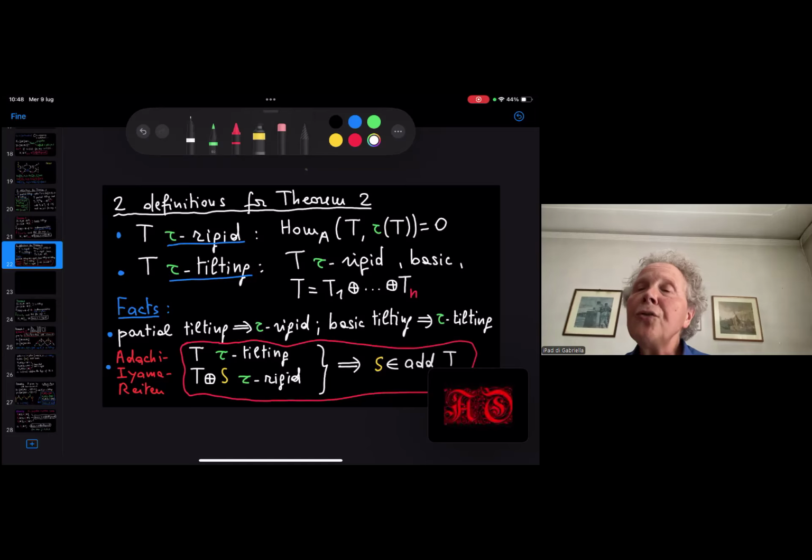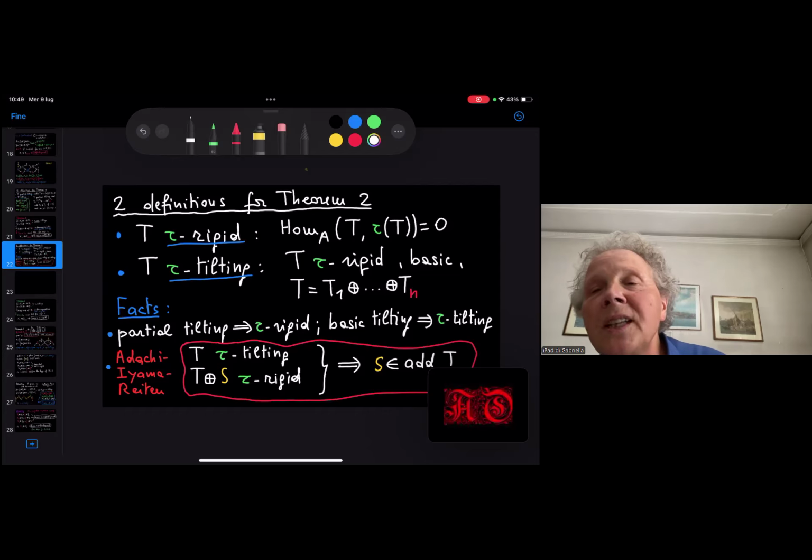Now, two definitions for Theorem 2 from tau-tilting theory. A module T is tau-rigid if Hom(T, tau T) is equal to 0. And with this definition, T is tau-tilting if it is tau-rigid, basic, and if n is the number of the indecomposable summands of T. The relationship between these four classes of modules is that partial tilting implies tau-rigid, and basic tilting implies tau-tilting.